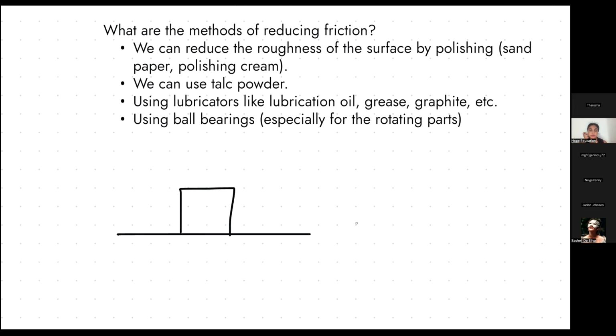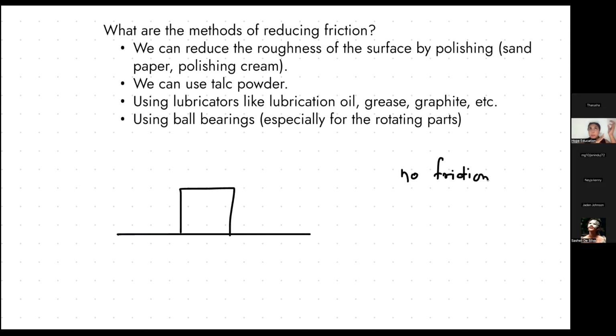Is my question. I'm getting different answers, huh? Friction is a resistive force.